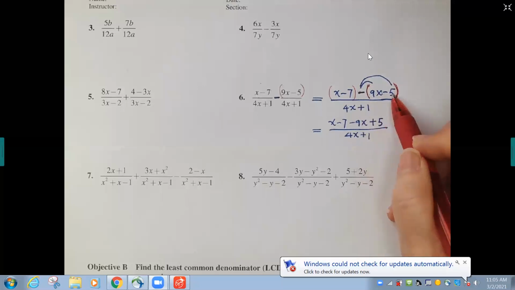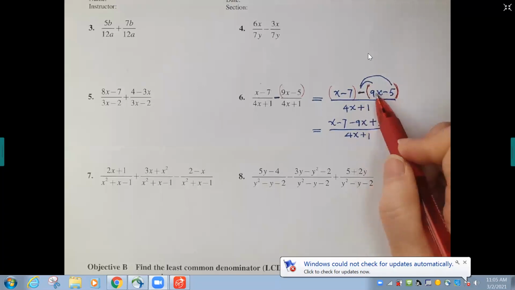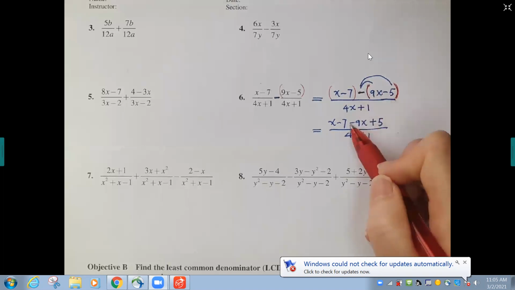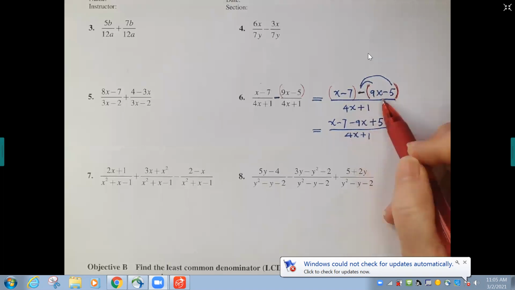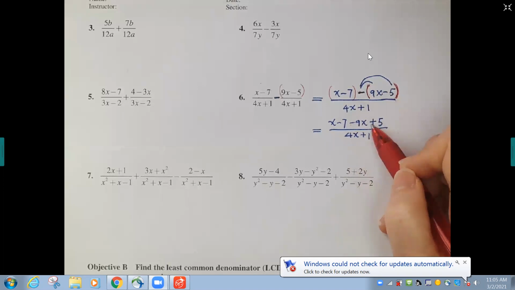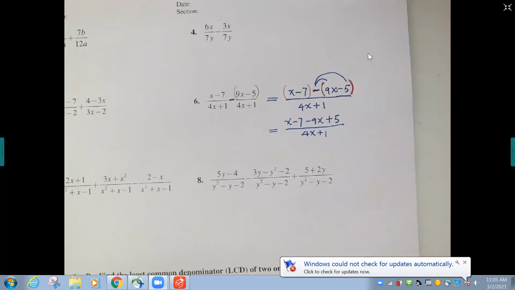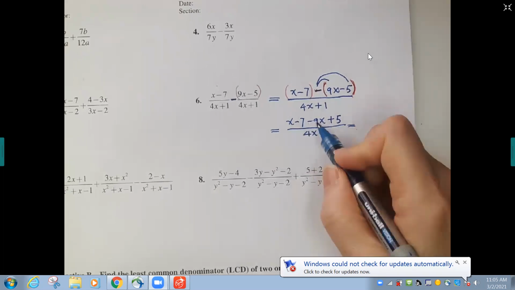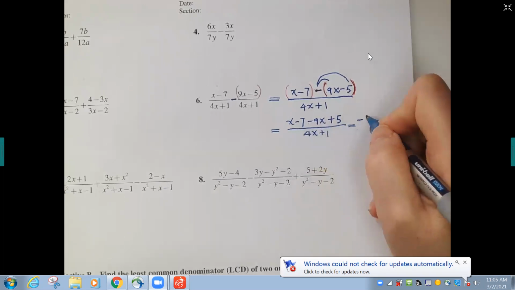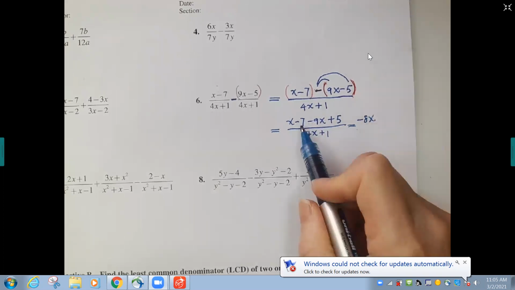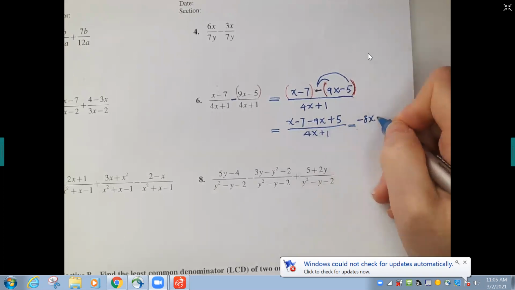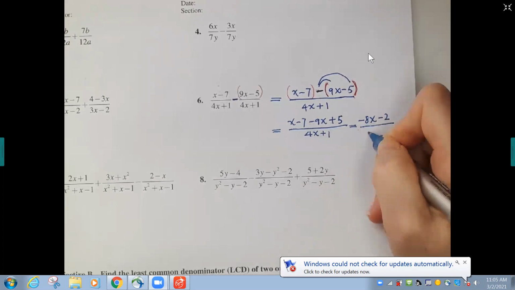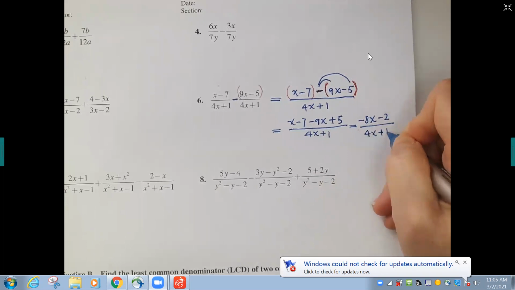Every term inside of it should change the sign. So 9x turns into minus 9x. -5 turns into plus 5. Then you can continue, just combine like terms. What I have here, x minus 9x, negative 8x. Negative 7 plus 5, negative 2, over 4x plus 1.